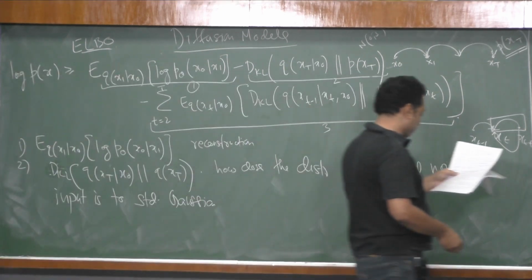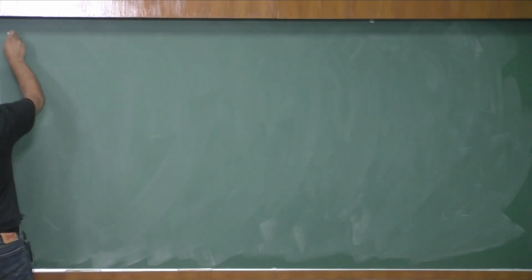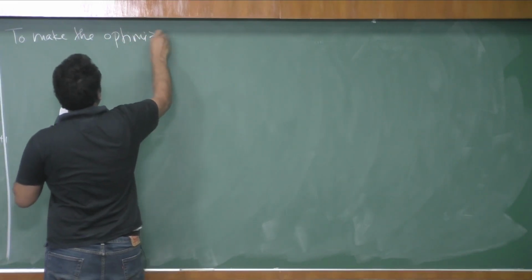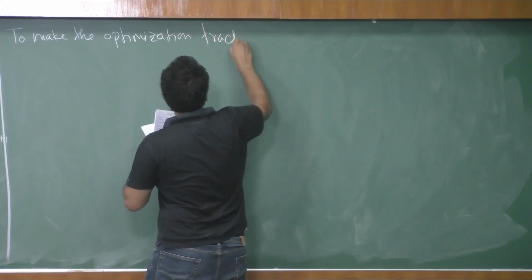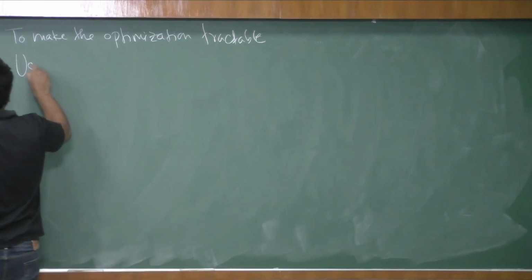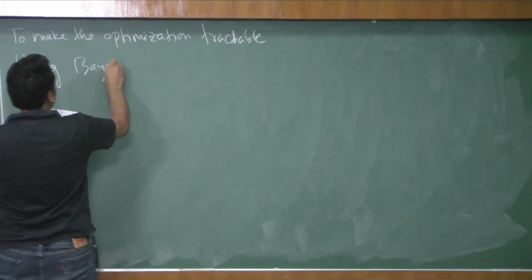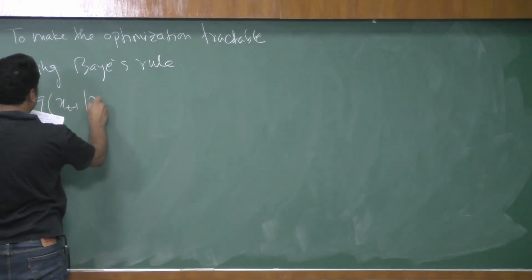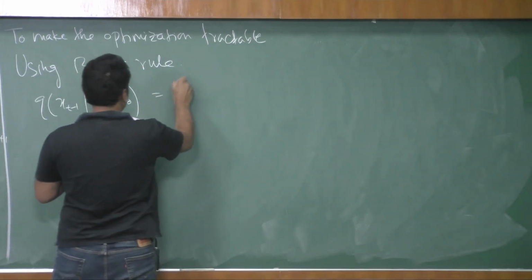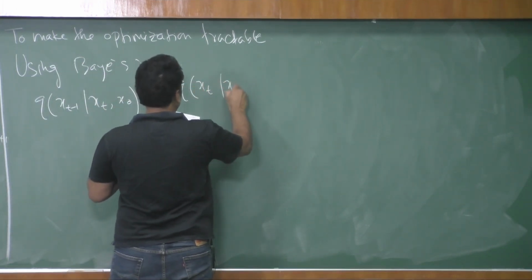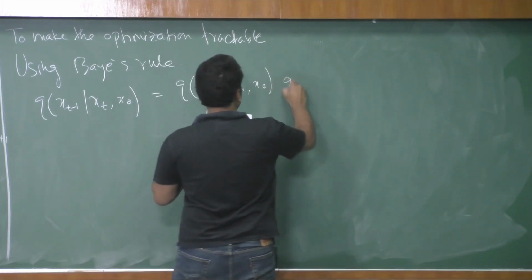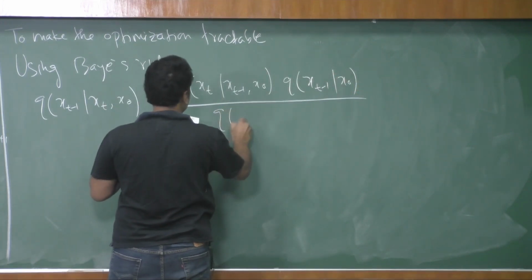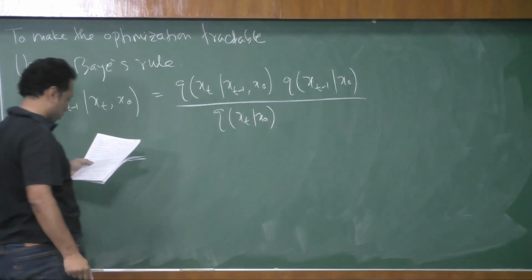To make the optimization tractable, using Bayes rule, q(x_{t-1} | x_t, x_0) can be written as q(x_t | x_{t-1}, x_0) q(x_{t-1} | x_0), divided by q(x_t | x_0). So we have applied the Bayes rule.